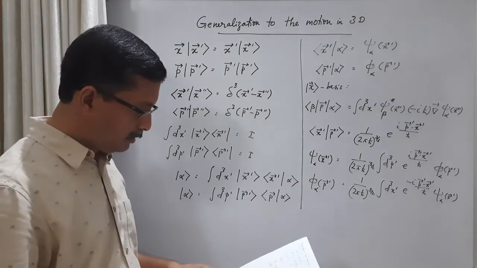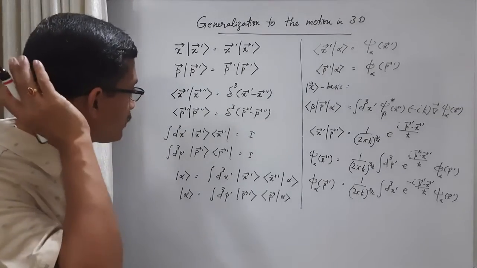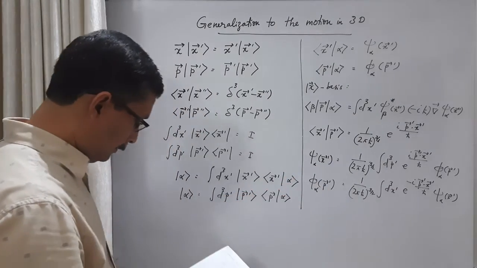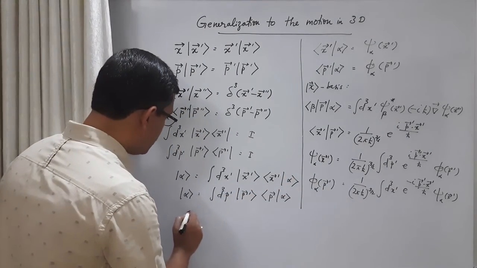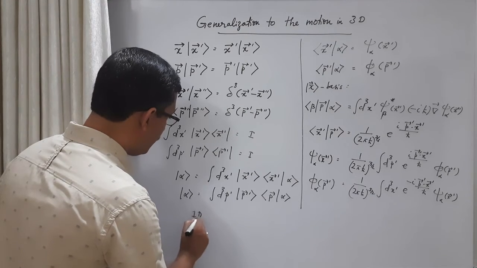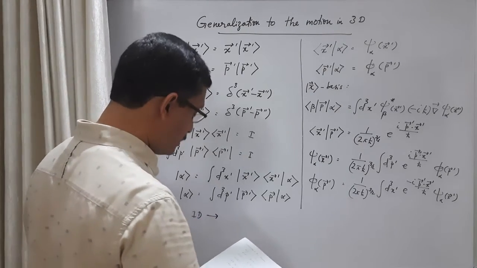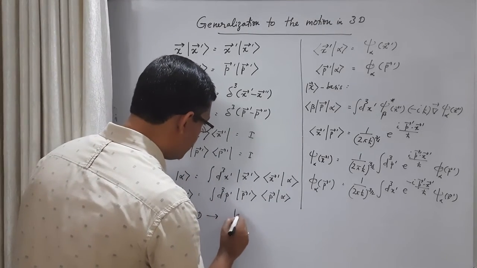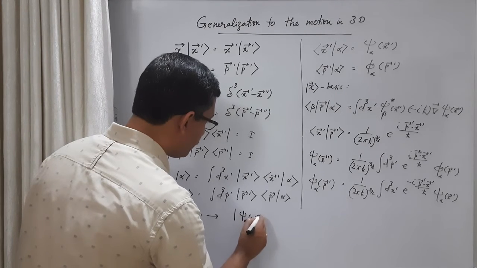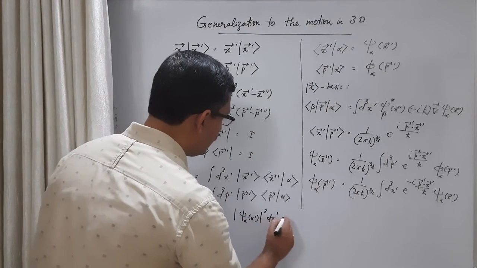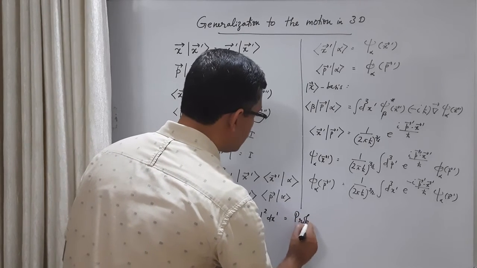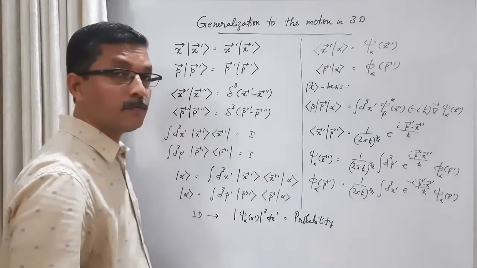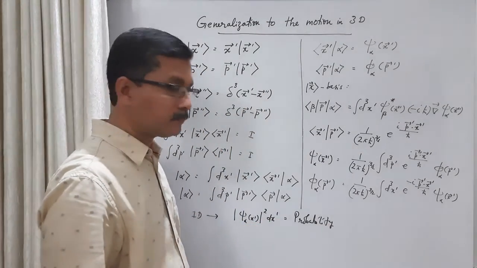And one more point: what is the dimension of the wave function? Consider the one-dimensional case. We know that |psi alpha x'|² dx' is probability. The expression for probability, when you re-express it in terms of the wave function, is like this.